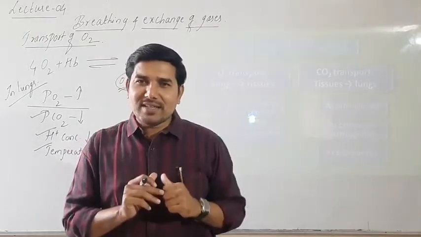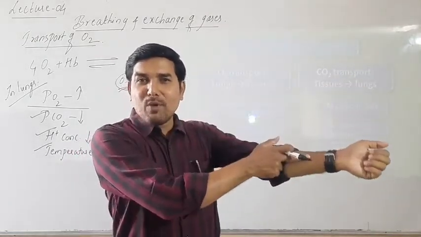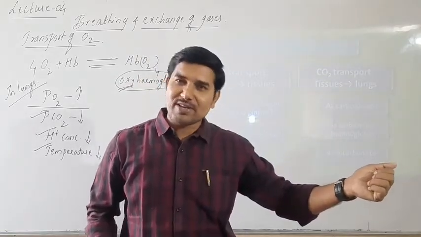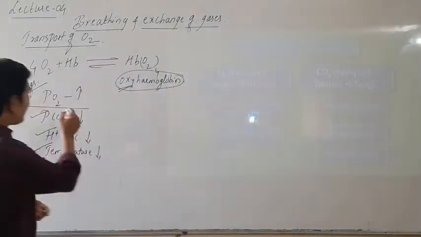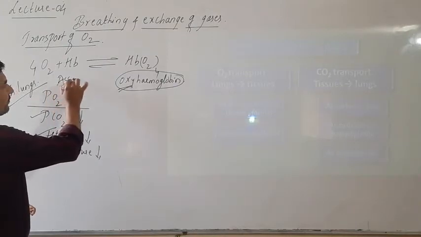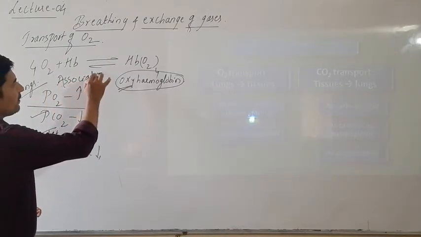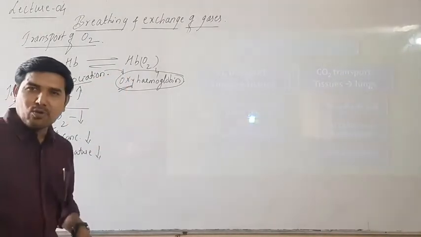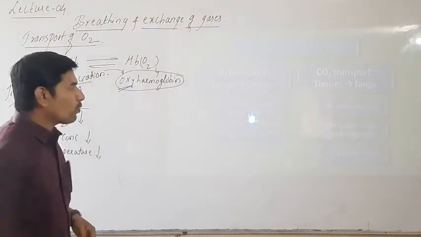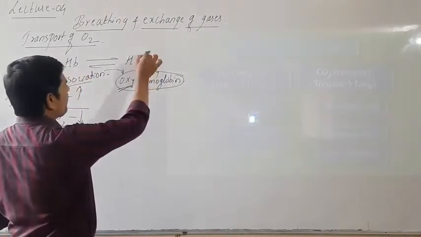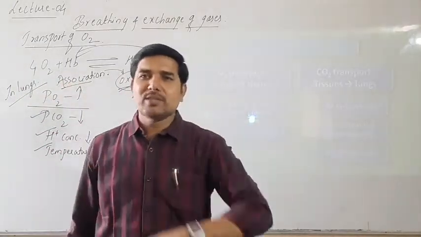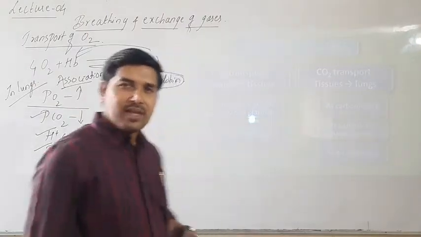Association occurs in the lungs, dissociation occurs in the body tissues. Remember these same factors. Let us write it as association of oxyhemoglobin. Then the oxyhemoglobin should be broken down into O2 and Hb. Hb has to be released back.